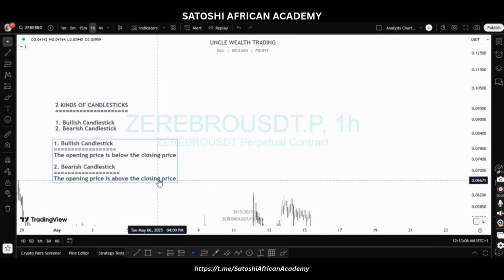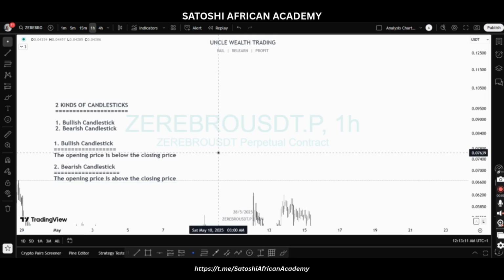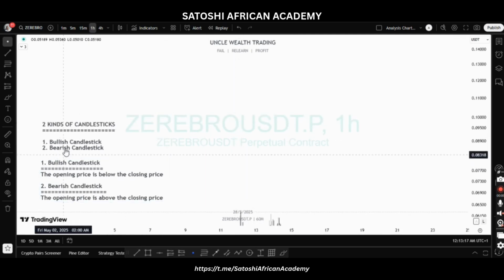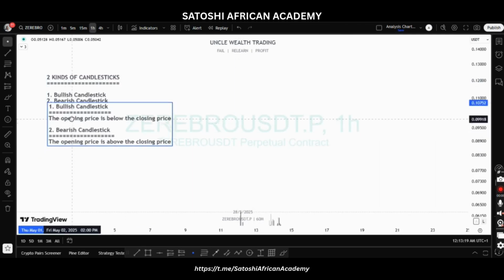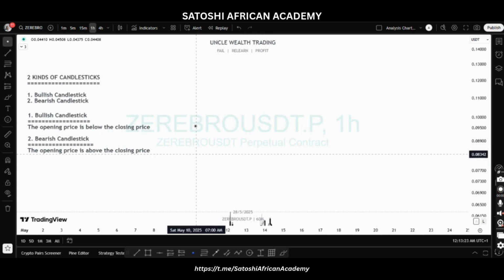So when you have these basics in mind, it makes it easy for you to identify the candlestick on the charts, irrespective of the traders' candle colors.